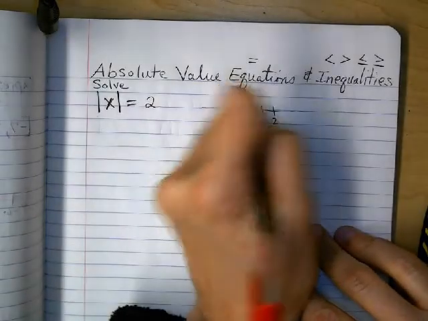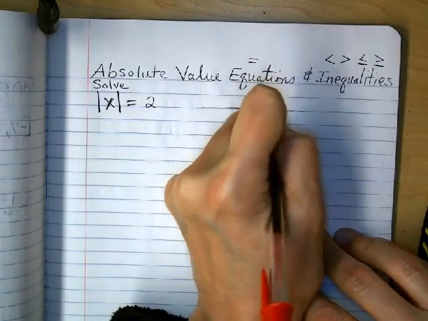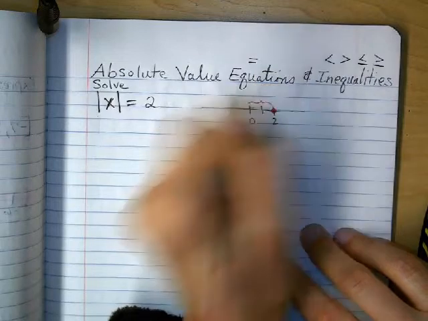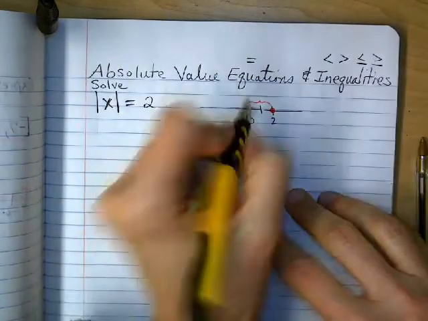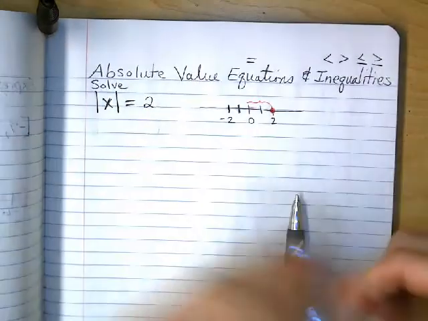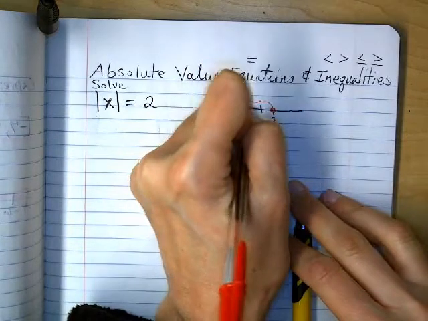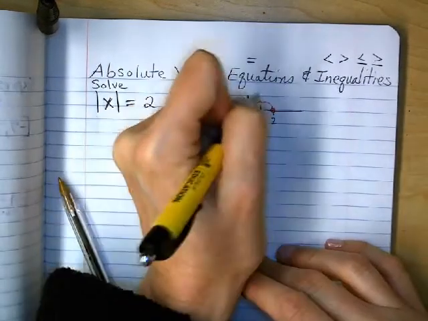You want to think of it as kind of a distance. So yeah, this number 2 right here, on a number line 2 is 2 spaces away from 0. But so is negative 2. Negative 2 is also 2 away from 0.